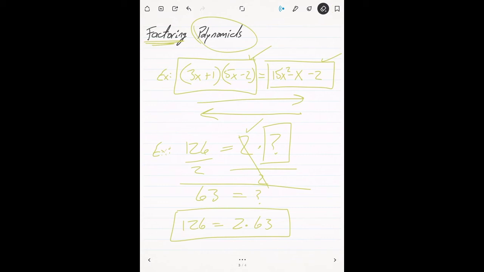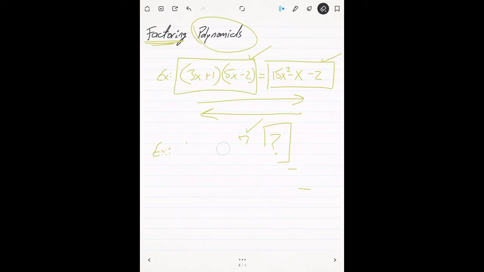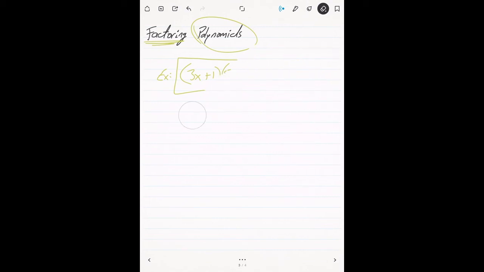Now, when it comes to polynomials, we can use a similar idea. So let me work through another example, but this time, you don't know what the factors necessarily are, or you don't know what both factors necessarily are. So let's take the polynomial 6x squared minus 5x minus 4, okay?